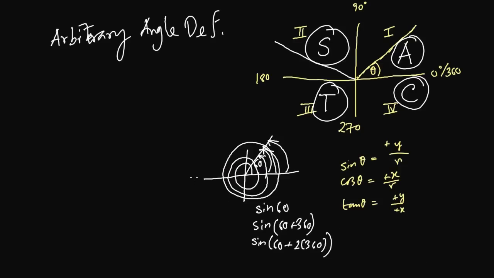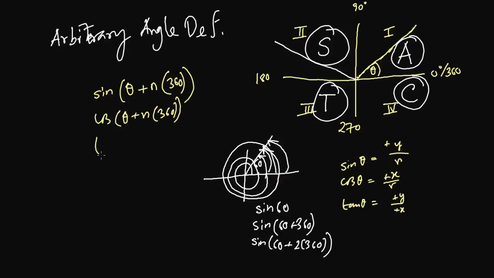So remember, when we talk about the arbitrary angle definition, it doesn't matter what it is, sine of any angle plus any number of revolutions times 360 degree would be the same value. This goes for cos, this goes for tan. 360 degree or 2 pi in radian.